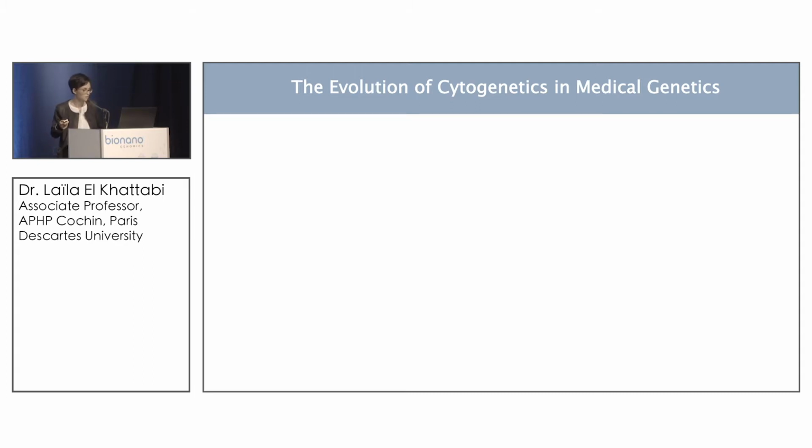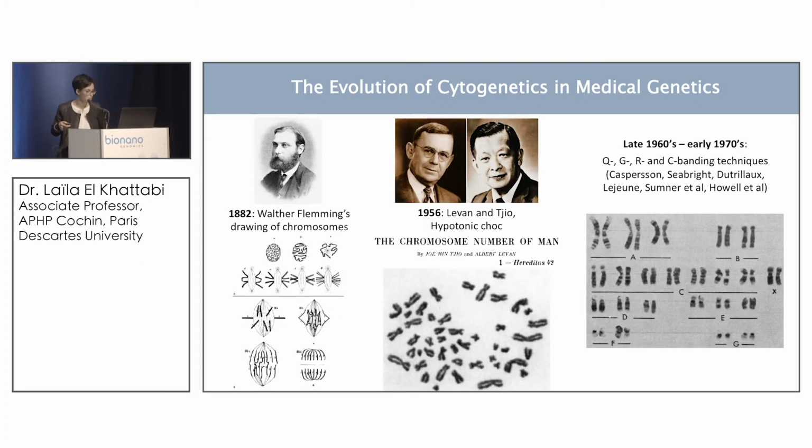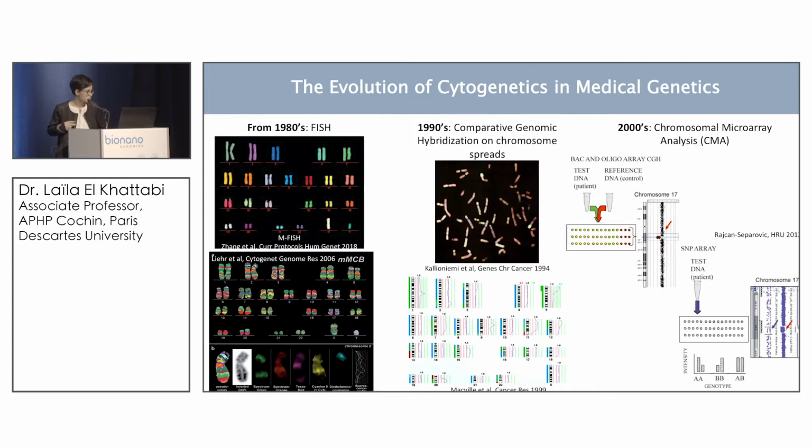I'd like to start with a few slides to give an overview of how chromosomes looked before and how they improved. As you know, we started with Fleming's drawings of chromosomes, and with the development of cell culture and banding, we get these nice chromosomes today, but they are still not perfect.